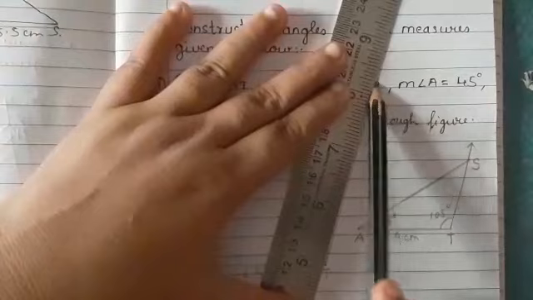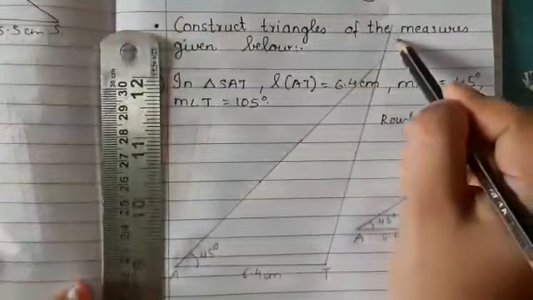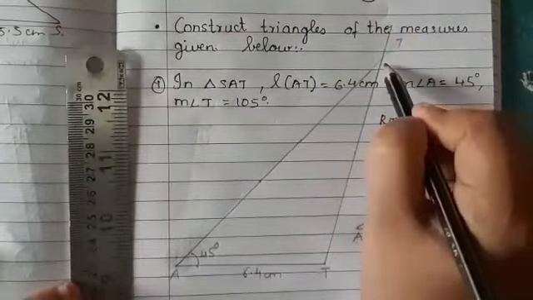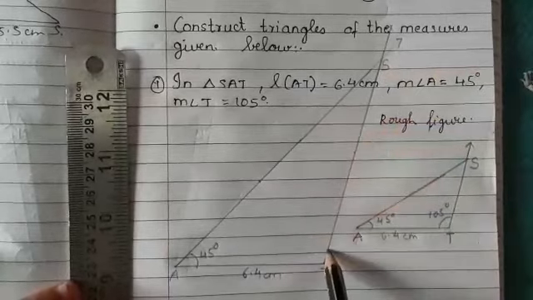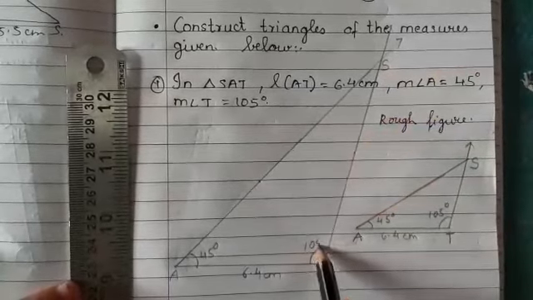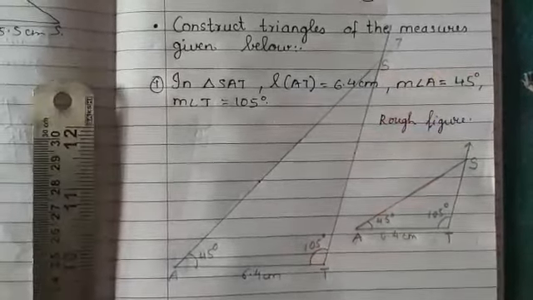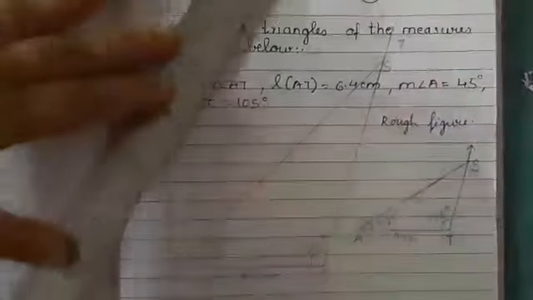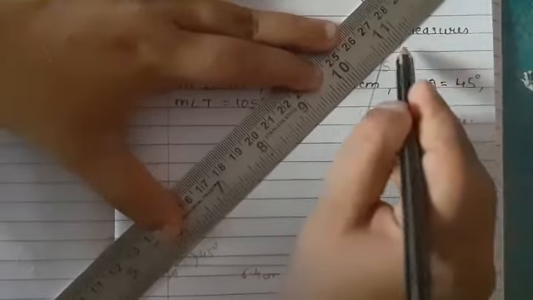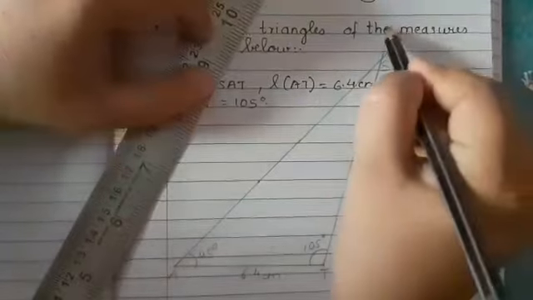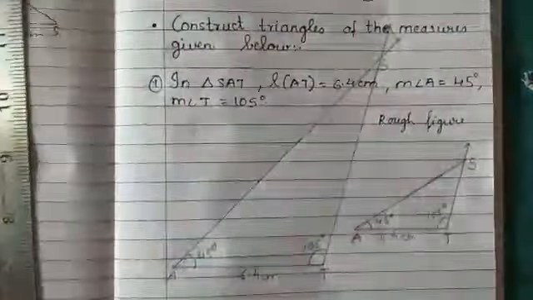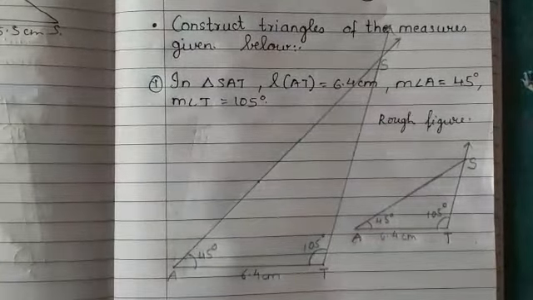So what you can do, children, see here I have got my triangle SAT. Here I will show 105 degree. Okay, so what you can do, just a minute. Now you got an idea, our triangle is coming little bit taller, isn't it?